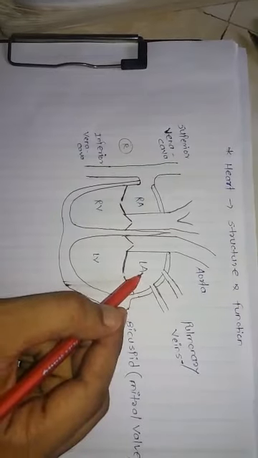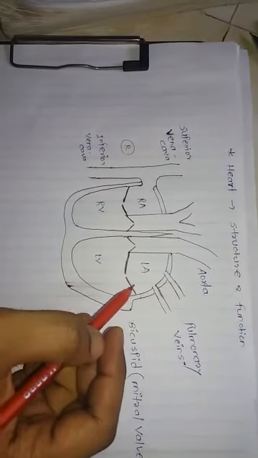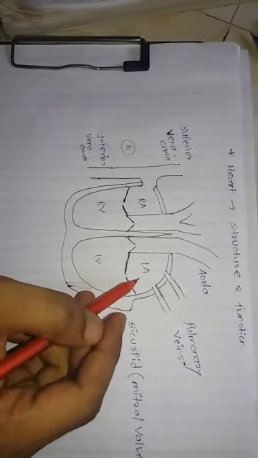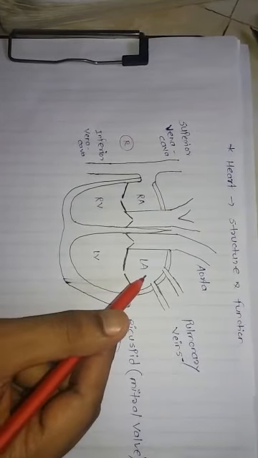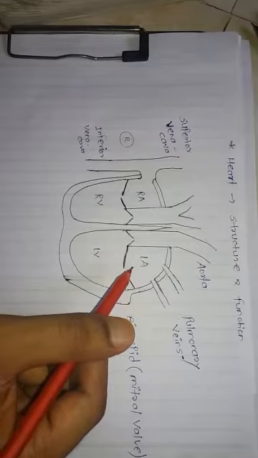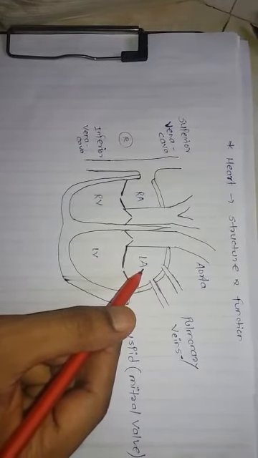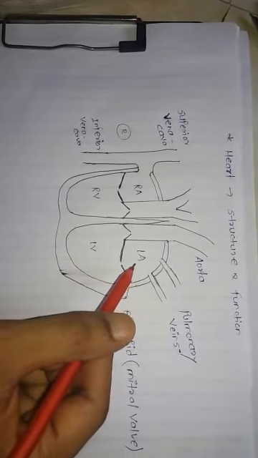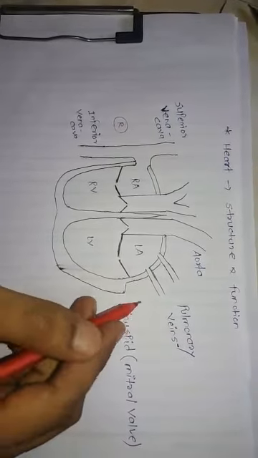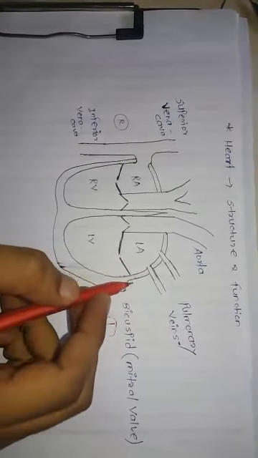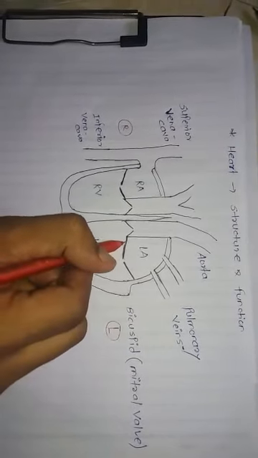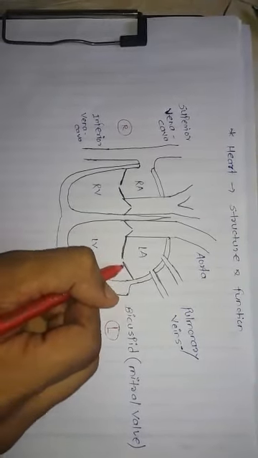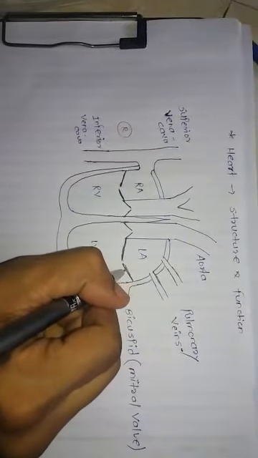Between the left atrium and left ventricle we have the left atrioventricular valve. We have an atrioventricular valve because it is between the atria and ventricle. It is on the left side, so it is the left atrioventricular valve.